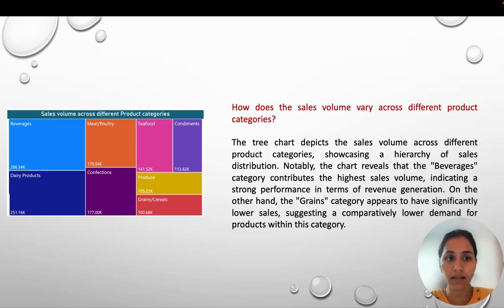Meanwhile, grains, cereals, and produce give us very little sales. So we can conclude that grains and produce are in very low demand.